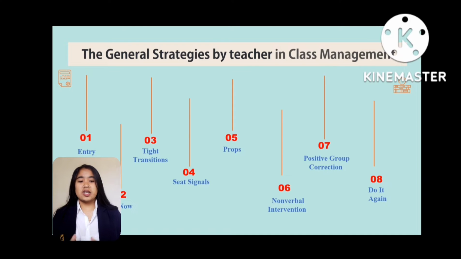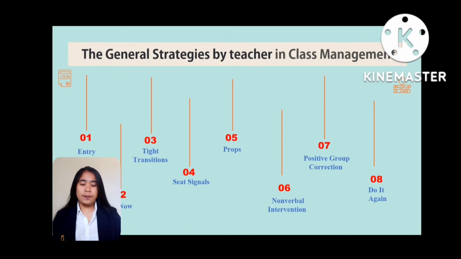Fourth is sit signal. It's a technique in which students use nonverbal signals while seated to indicate that they need something such as a new pencil, a restroom break, or help with a problem.